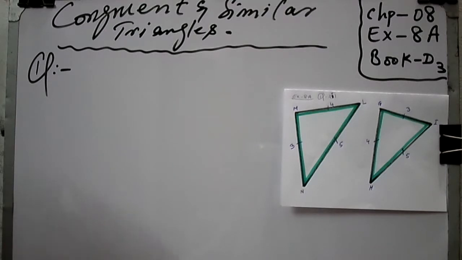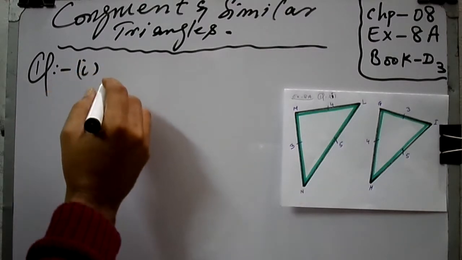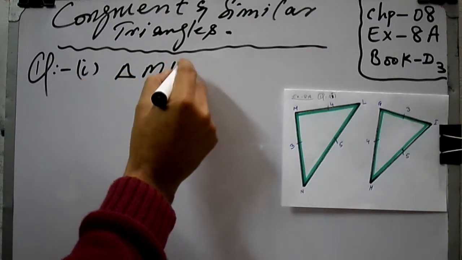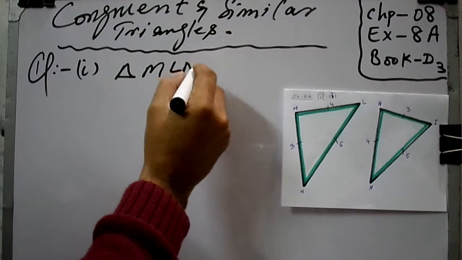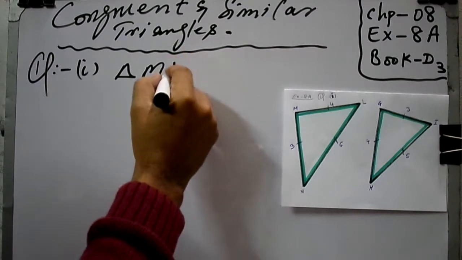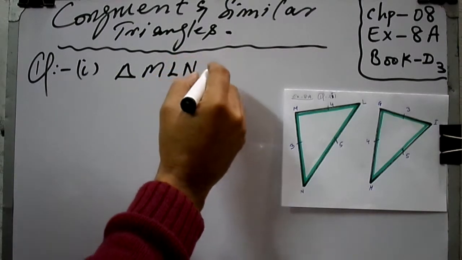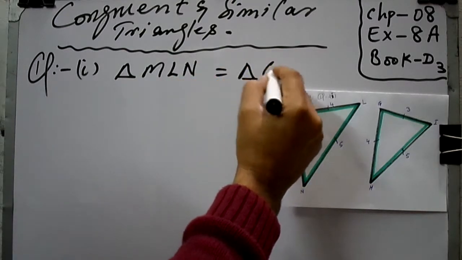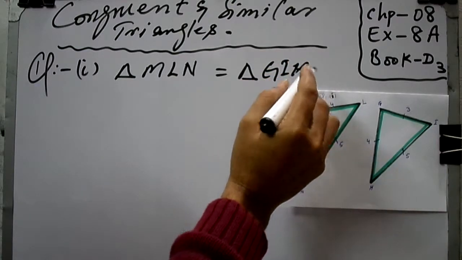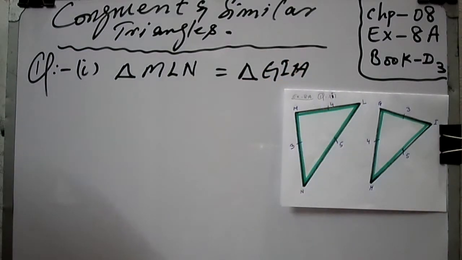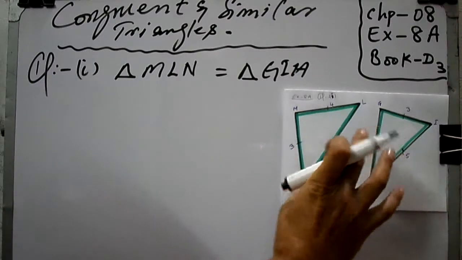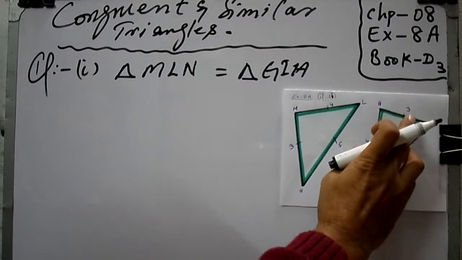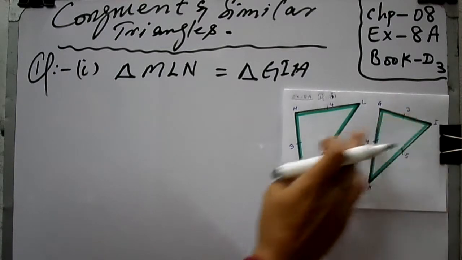For example, we have taken question 1 part 1, that is triangle MLN, MNL. So these two triangles are equal, that is GIH. So we have seen here, if this triangle is rotated like so, you can see that side 3 is equal to this side.